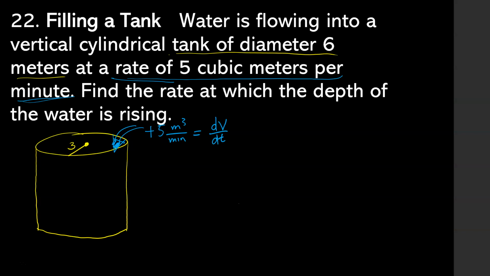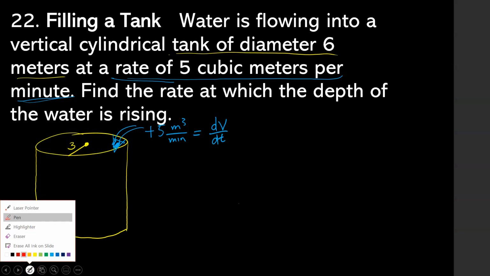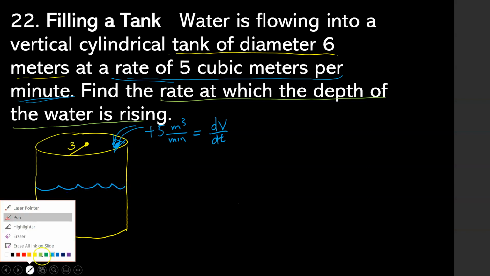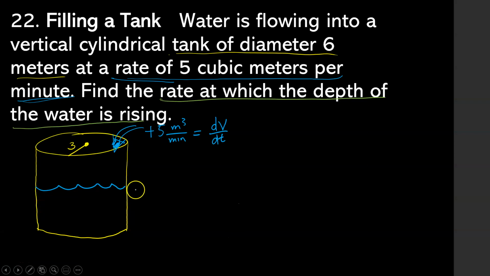So, we have dV dt. This is supposed to be related rates. Can you find the other rate? Well, it does say rate. Find the rate at which the depth of the water is rising. So let's put our blue water back in. And, well, what would that be?